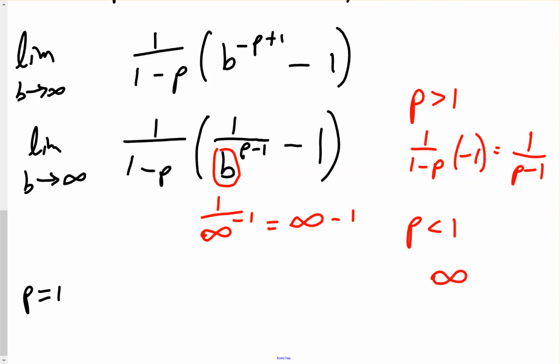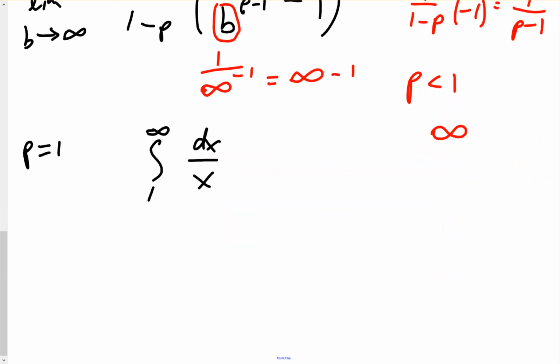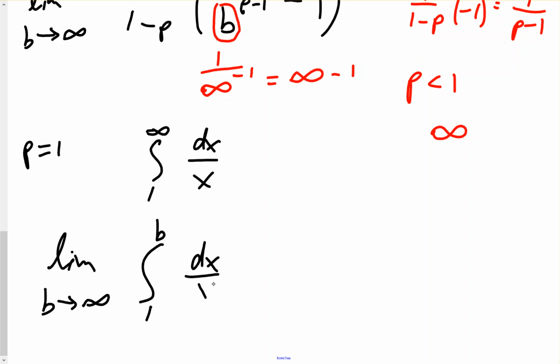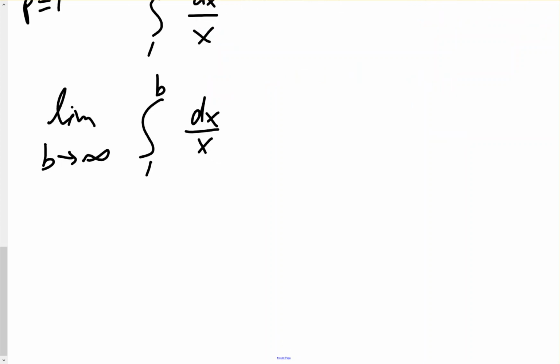Alright, so p equals 1, we have the integral, this would be dx over x. So that means we would take limit as b approaches infinity of 1 to b dx over x, which means we could integrate this. This would give us ln x.